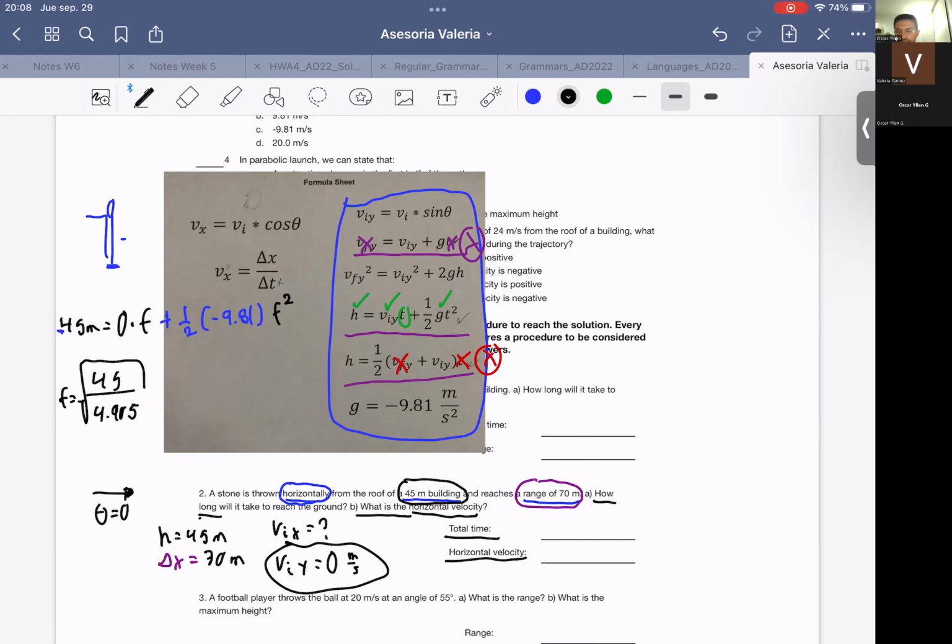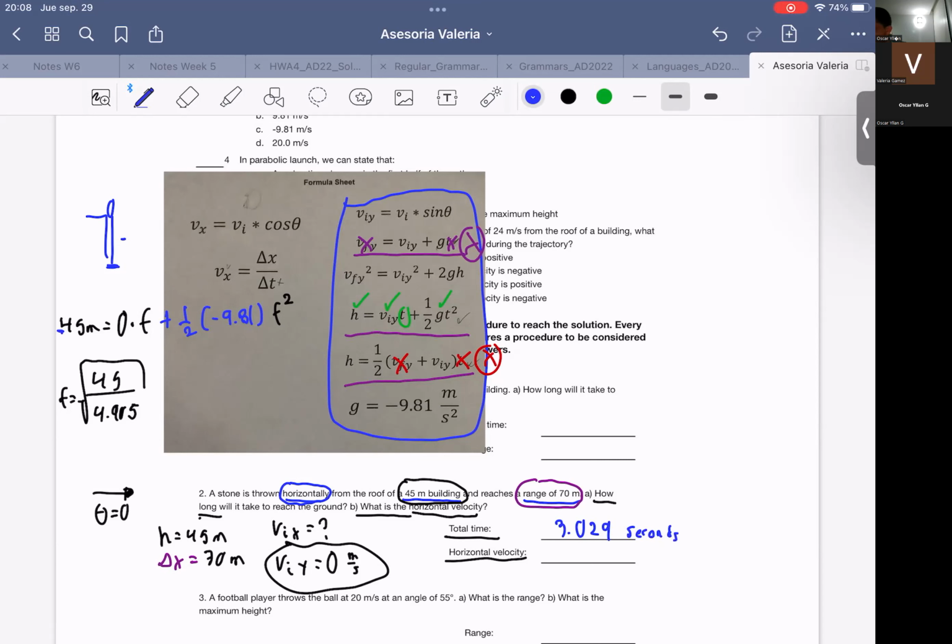And what do we get? 3.029 seconds. Let me check. 3 point what? 0.29. Okay, perfect. 3.029 seconds, right?